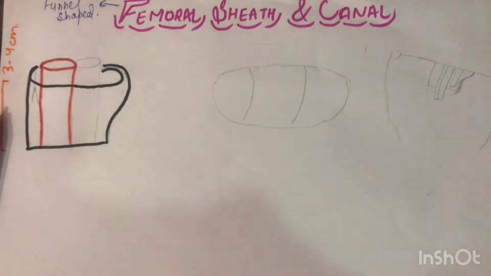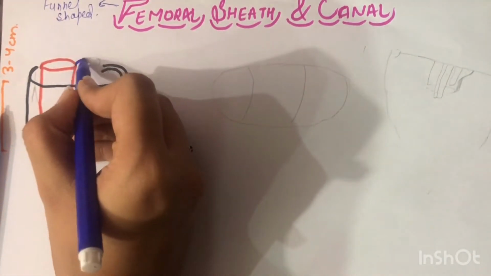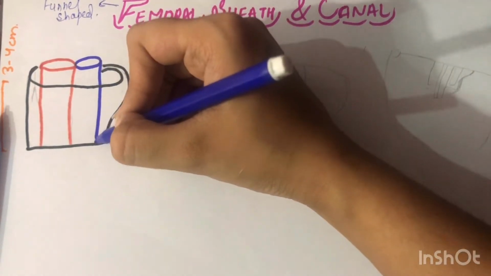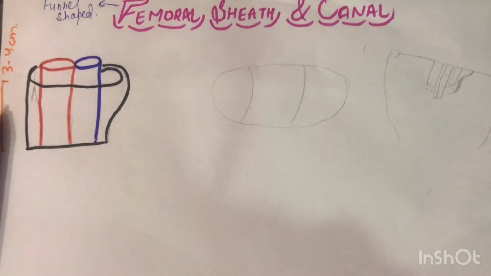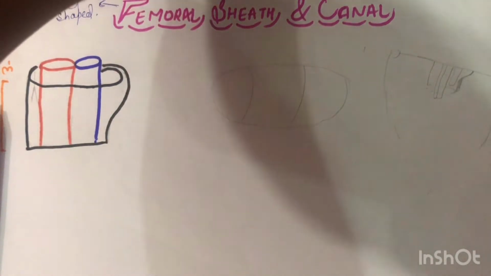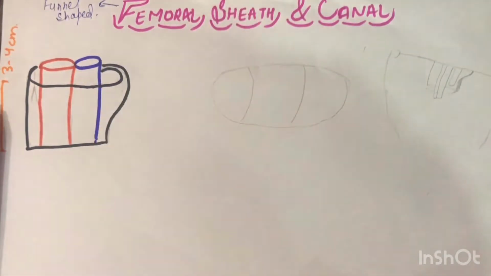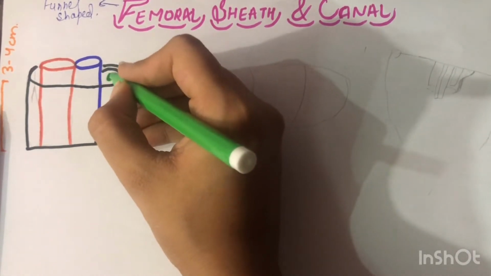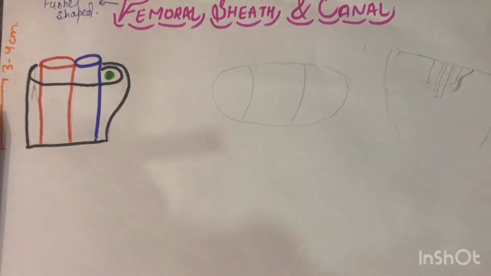Then the second one is the femoral vein. The femoral nerve is not included in this femoral sheath. And the last one is our femoral lymphatics.